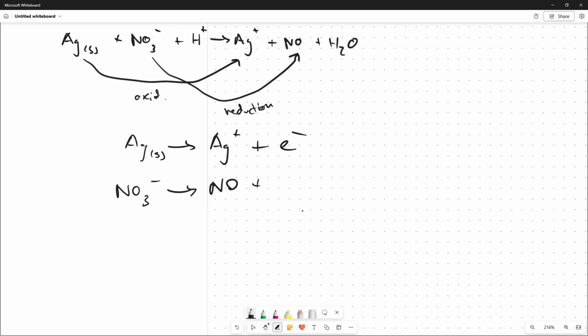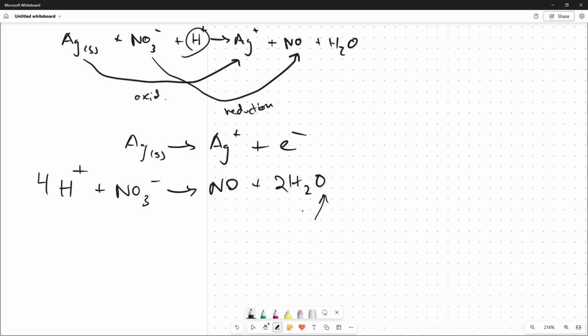And to do that, we can add a H2O. This H2O gives us an oxygen atom, so we can add a coefficient of 2 to balance the oxygen. But note that by adding in a coefficient of 2, there will be 4 hydrogens, and we have to deal with that. So we can add an H+, so that will be part of our reaction here. We'll have a coefficient of 4.